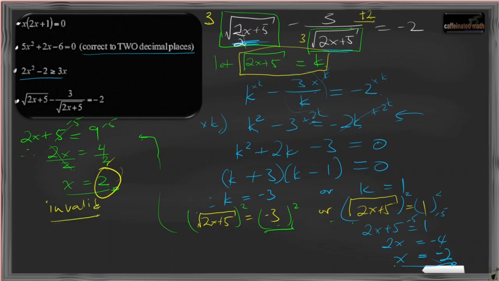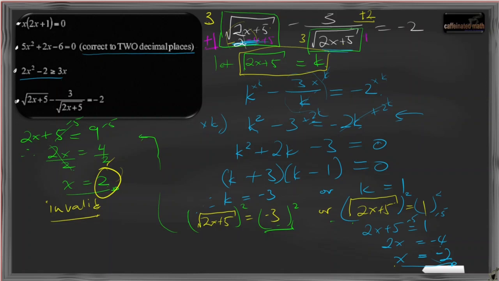Let's test -2. Well, if we have -2, we'll have -4 plus 5. Let's do that in another color, let's say purple. Well, then we get 1 as a value for that entire thing. Minus 4 plus 5 is equal to positive 1, and the square root of 1 is just 1.